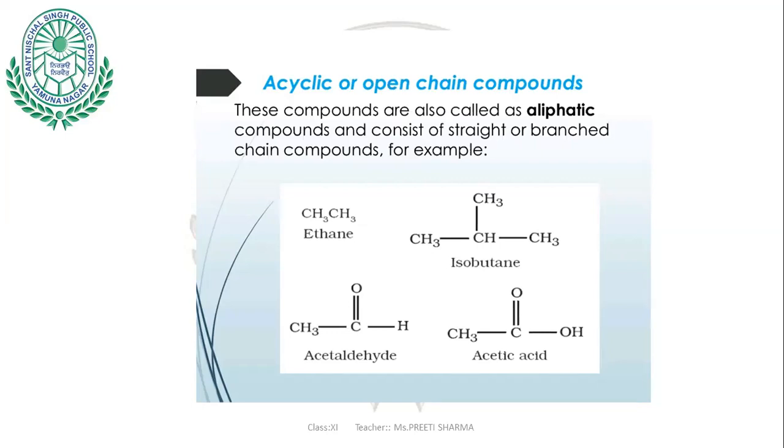These are just the common names. You must know the common names also, but in your syllabus you have only IUPAC naming. So my focus is on acyclic, meaning open chain compounds, which are those compounds which have straight or branched chains, students, right?